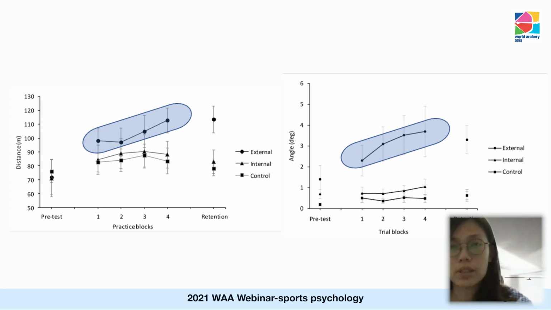Let's look at the internal focus of attention phase. Here, even though the soleus is very much activated, which is very helpful, but the antagonist, which is the tibialis anterior, is also activated, meaning the two muscles are co-contracted.